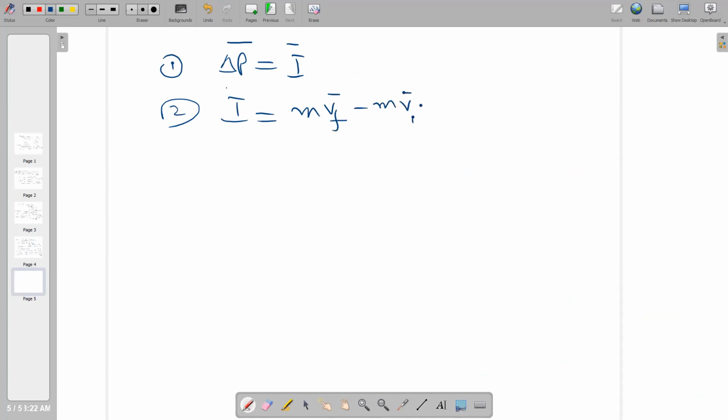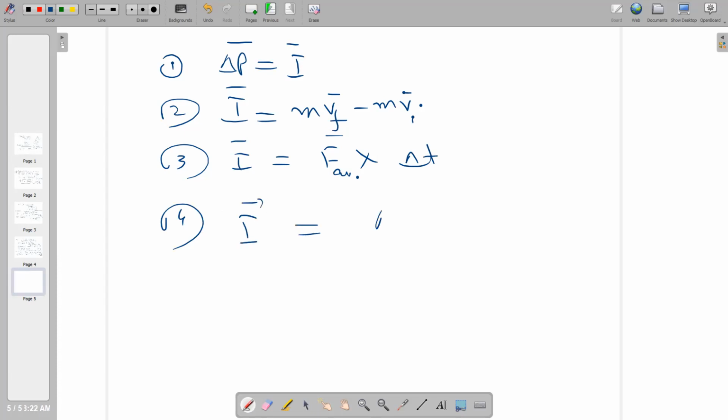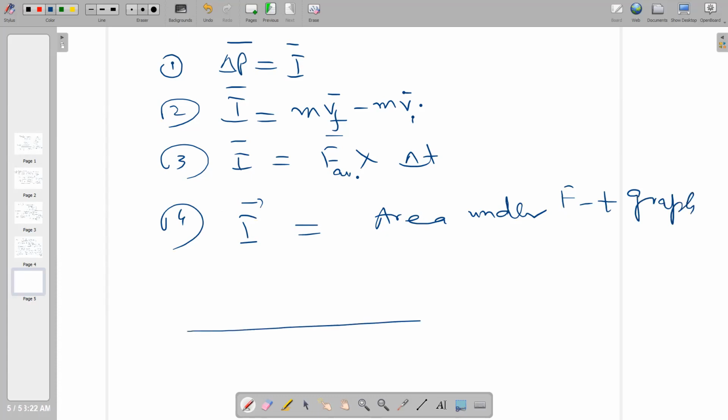You can apply this formula, or the formula that average force multiplied by delta t. You can also apply the formula that impulse is equal to the area under the F of t graph. So these are the important formulas to solve problems of impulse.